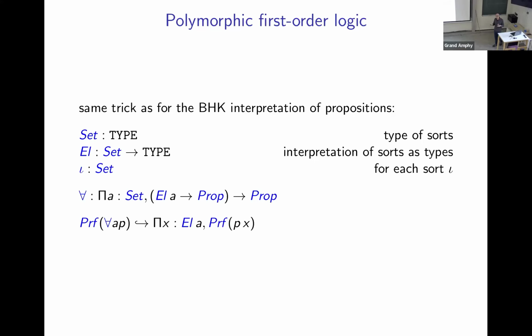So like we had propositions as objects and not types, we needed a function to interpret propositions into types. We can do the same thing for sets. You can see these elements, like iota, as a code for some set, actually. And the element function is going to interpret those codes as types.